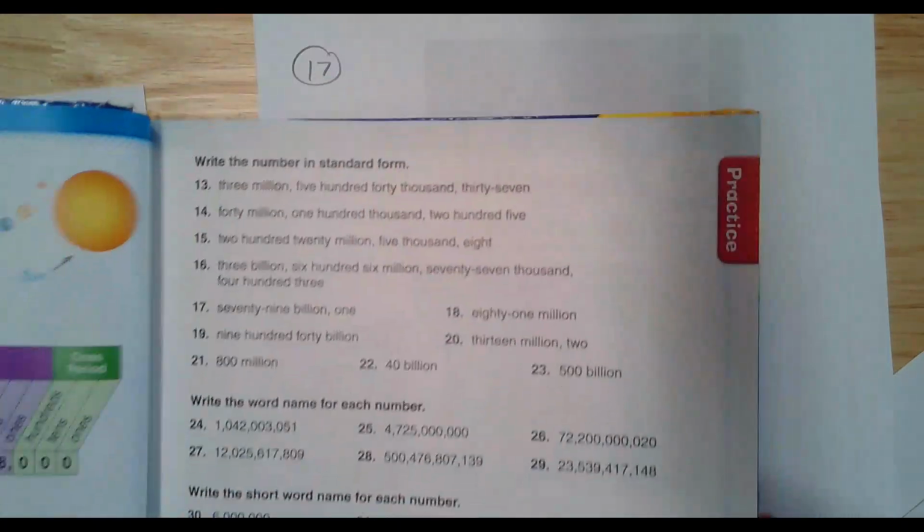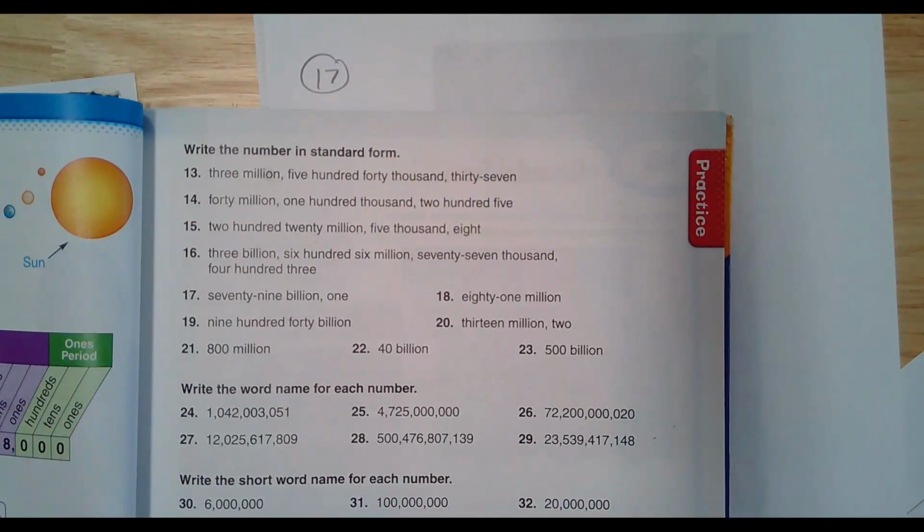Give me the numbers. 3,606,077,403. And 17, 79 billion, 1. I like that number.